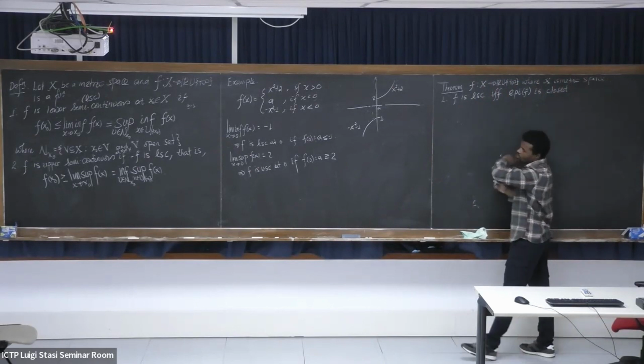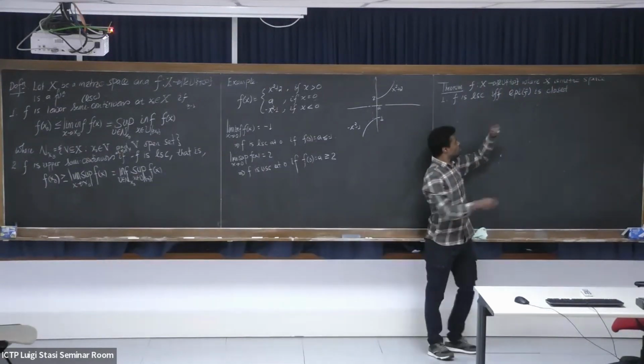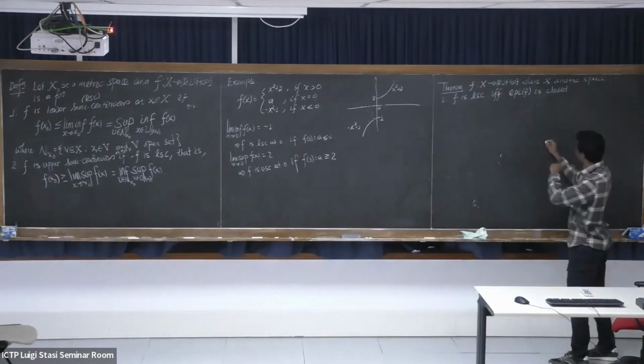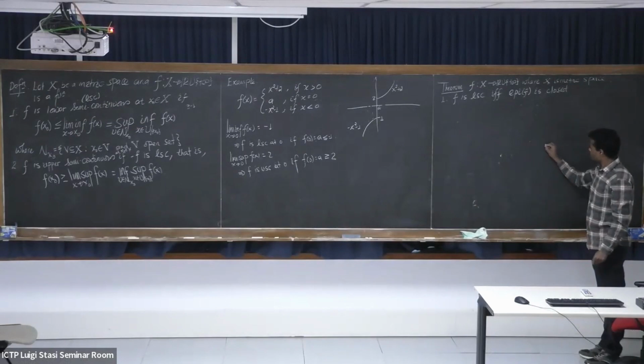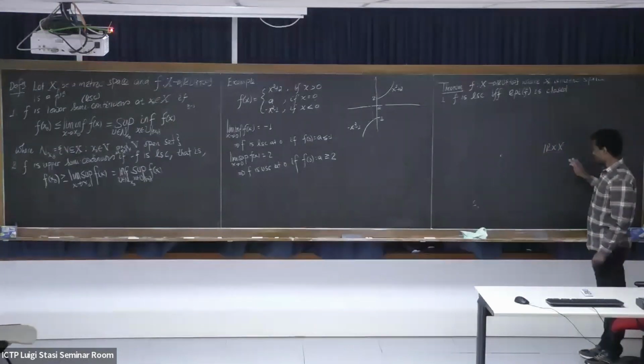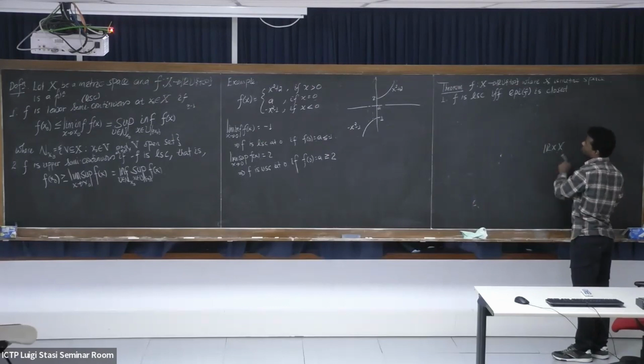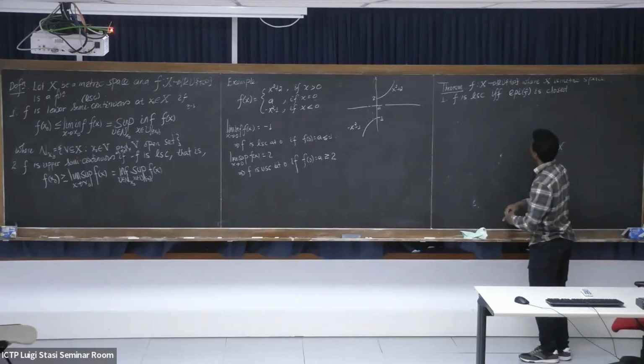This is closed on the product space, the subset of R cross the metric space, under the topology used by this one. Closeness is checked under the product space.